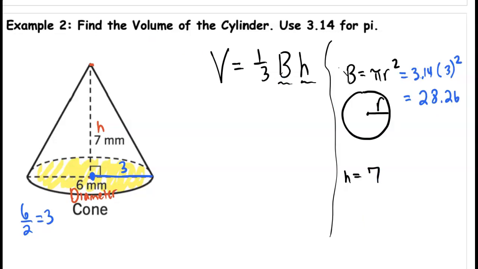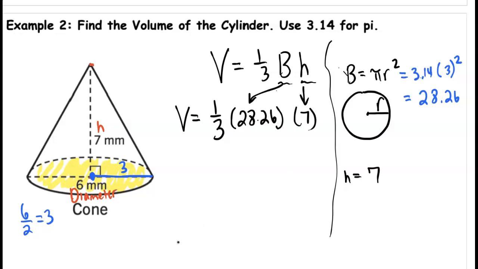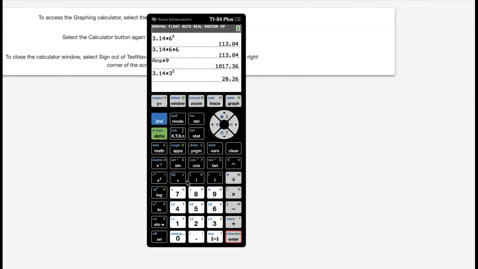We're ready to plug in our values. Now don't forget, this one does contain a 1/3 as part of the formula, and it's super important we don't forget it. Okay, now that I have my numbers plugged in, I get to go ahead and go to my calculator.